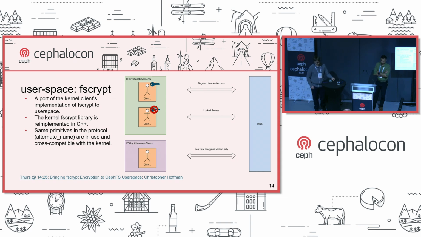And then also in the Tentacle release, we're planning to also support user space FSCrypt. That's been a long effort being led by Chris Hoffman, who's giving a talk later at 2:25 p.m. Be sure not to miss it. On porting the FSCrypt library that exists in the kernel over to user space, which does not exist anywhere.